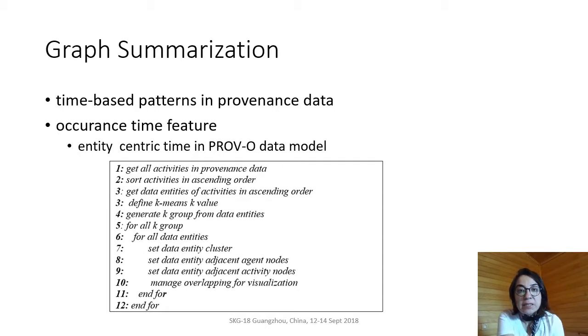In steps 6 to 12, we generate clusters based on entity occurrence time and set related agent and activity nodes for an entity item. In step 10, in order to prevent overlapping in clusters, we locate each item in the visualization frame with a random behavior.